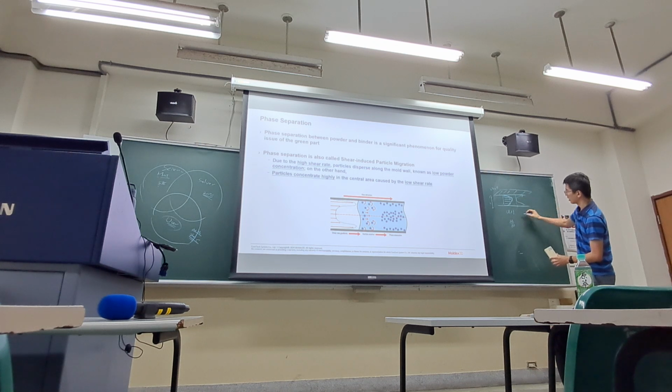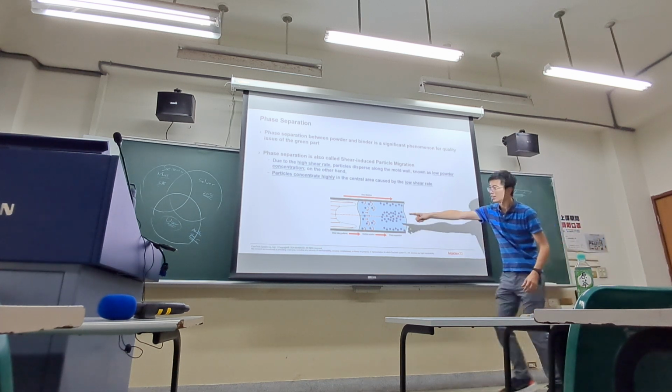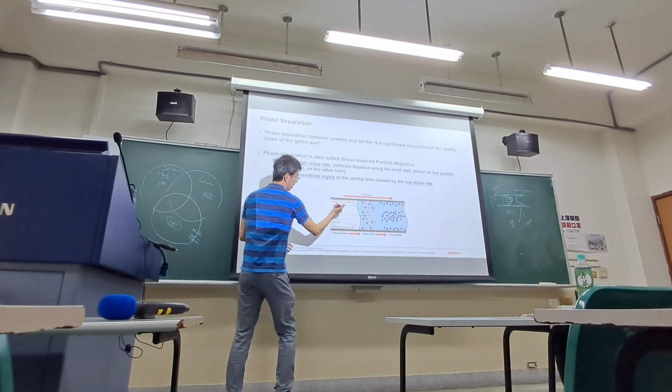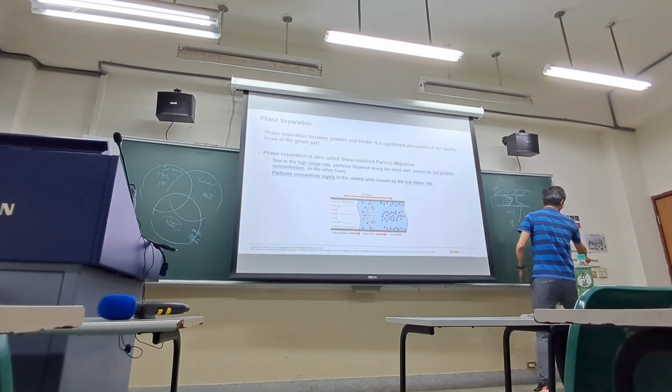So this is the slope. We call this the shear rate, the slope of the velocity profile. So the shear rate is very high near the wall.